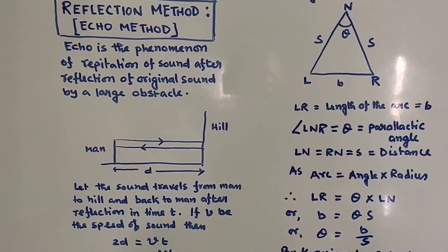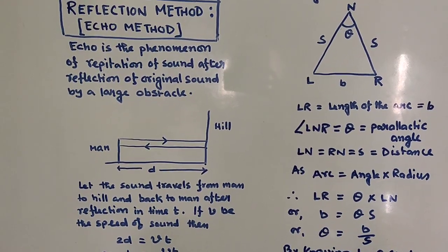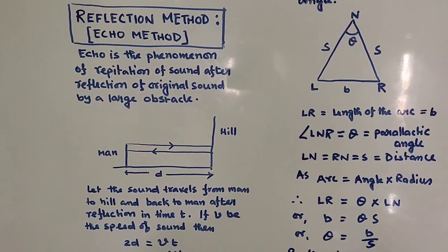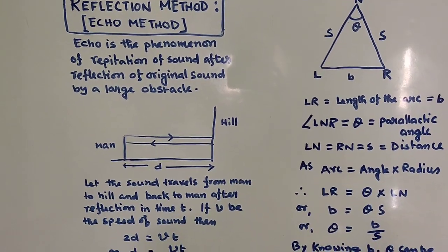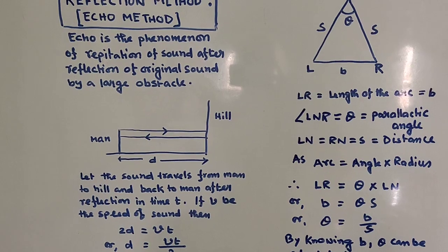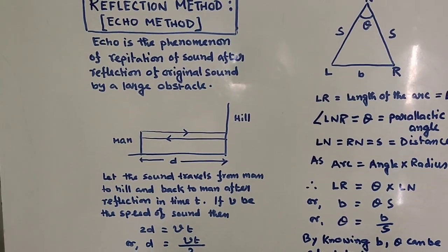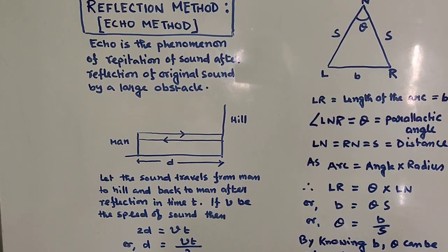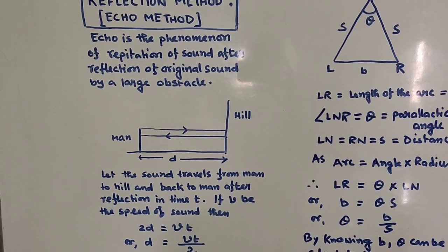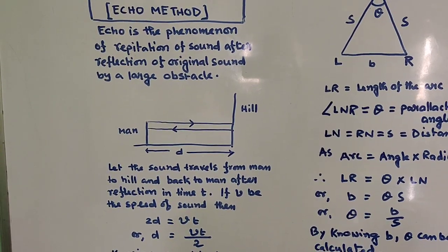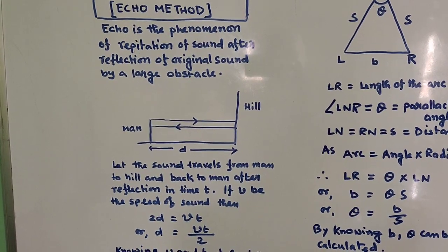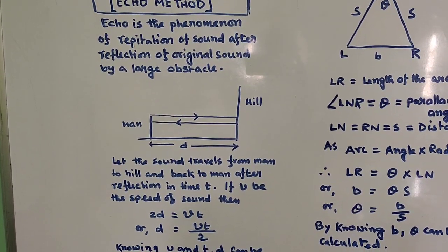The man has blown a whistle. Sound will move from the man to the hill, and again reflect from the hill to the man. So if the distance between the man and the hill is small d, then the sound travels 2d, isn't it, and the time during the whole journey is small t.